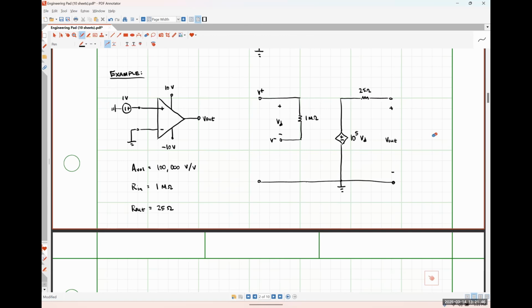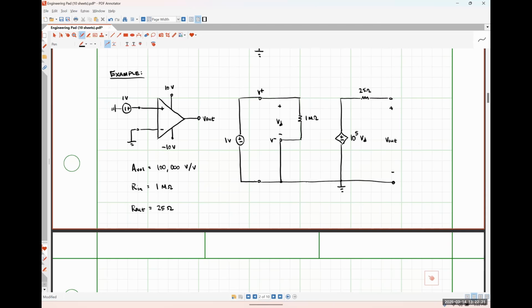Okay. So my inverting input terminal is connected directly to ground, so I'm literally just going to connect that node to ground like so. And then I have a 1 volt source between my non-inverting input terminal and ground, so I'm going to put that over here as a 1 volt source, like so.